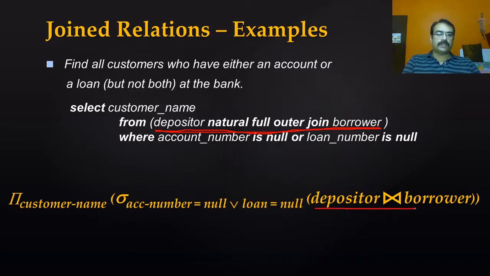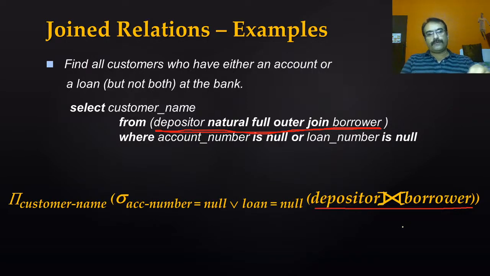Depositor natural join borrower, it should be full natural join. I'll just change the pink color. It should be arrow on this side as well as arrow on this side. It should be full outer join.